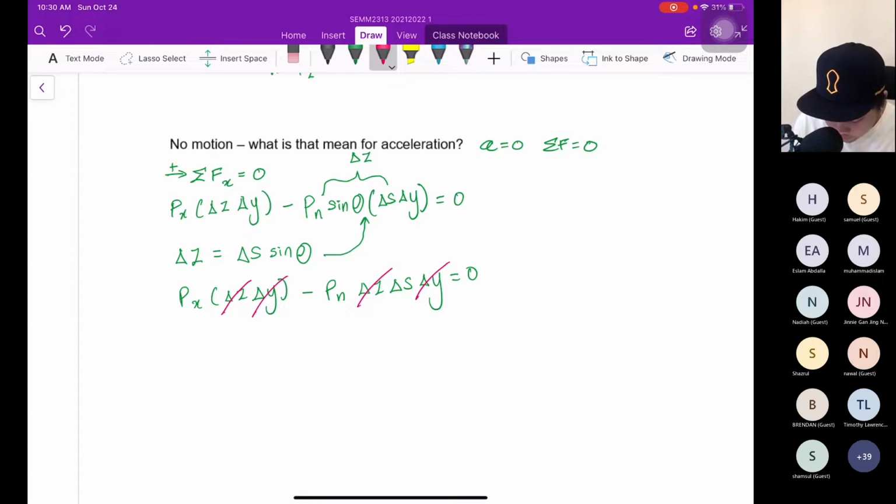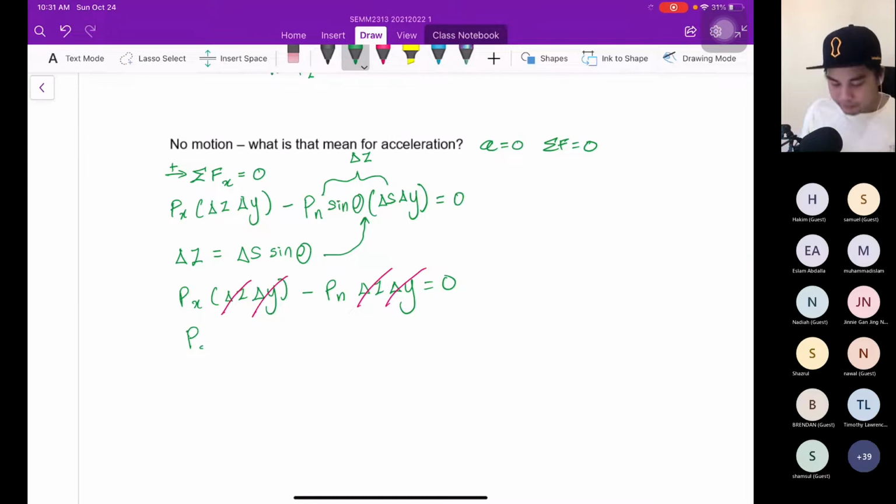After we substitute sine theta delta s with delta z, this is no more, so we need to delete it. So this is basically delta z, delta y, and we can cancel delta y with delta y. So now our final equation is Px equal to Pn.